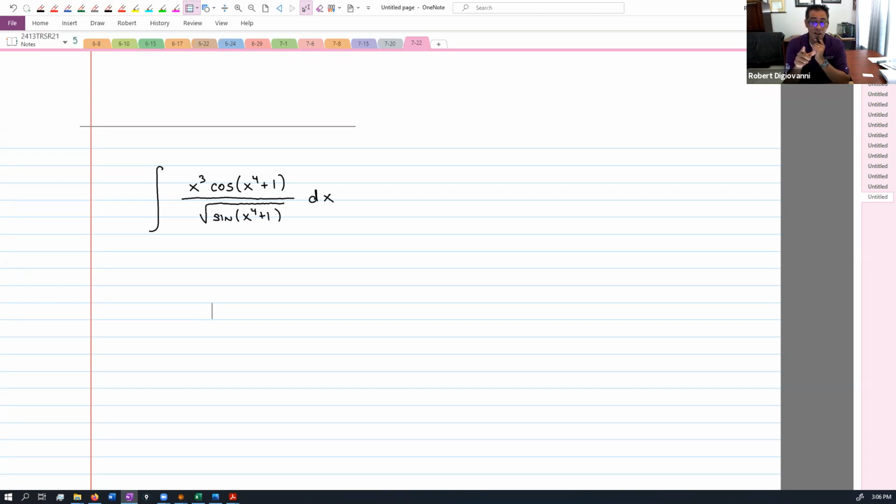Okay, so Naja has actually grabbed a lot. She grabbed this whole thing right here because Naja already kind of mentally knows the derivative of that would be, by the chain rule, cosine of x to the 4th plus 1 times 4x cubed.